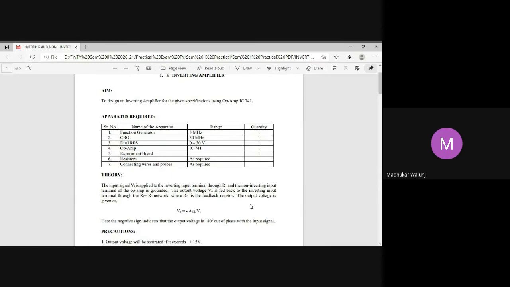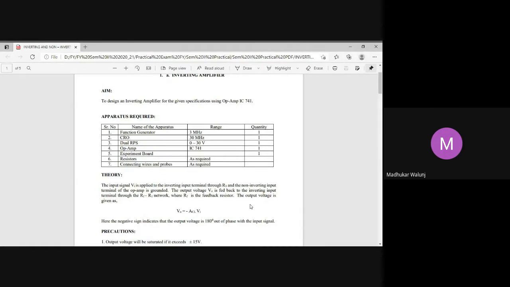So the output voltage V0 is feedback to the inverting input terminal through RF R1 network, where the RF is the feedback resistor. The output voltage is given as V0 is equal to minus ACL into Vi. You know the theory of this, that output voltage is equal to gain into input voltage. So what is gain? Gain is the ACL closed loop gain.